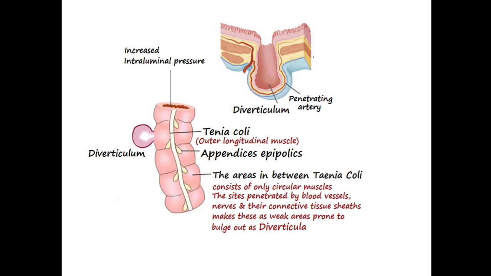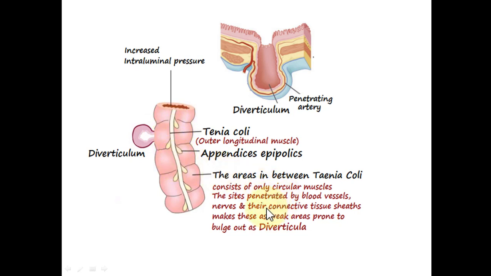As I mentioned, the increased intraluminal pressure and the weakened portions in the wall of the intestine, particularly where the blood vessels, nerves and their sheaths enter through the circular muscle layer in between the tinea coli, which consist of longitudinal muscle layers.